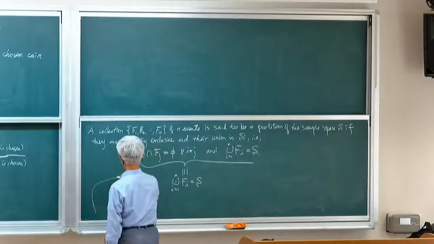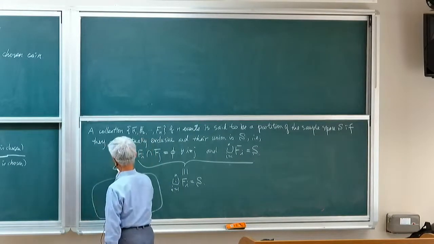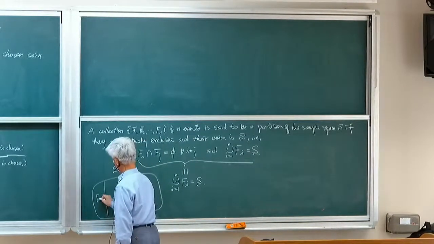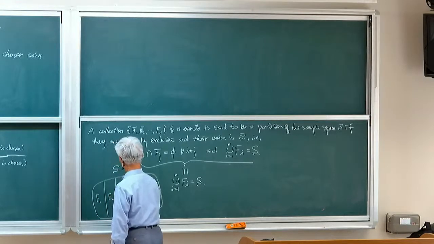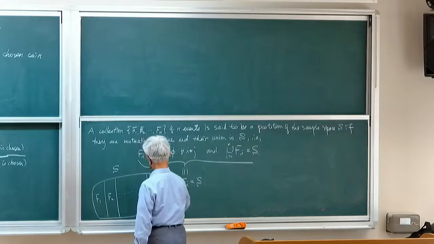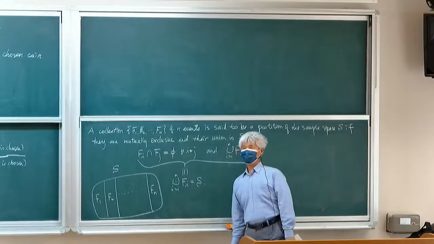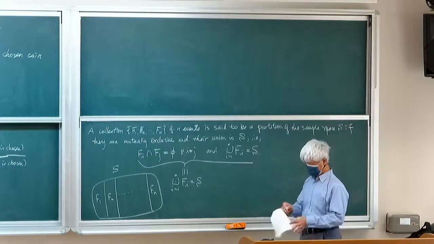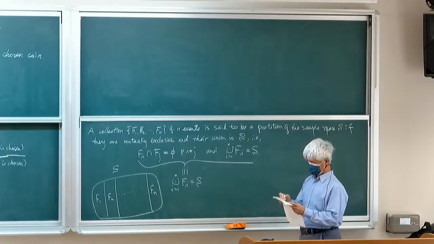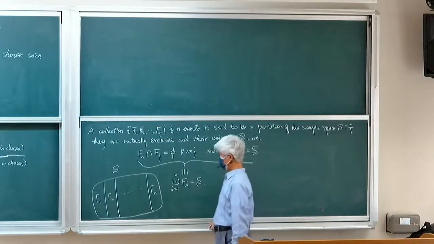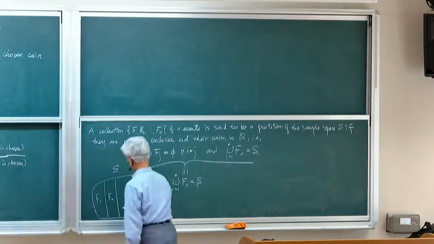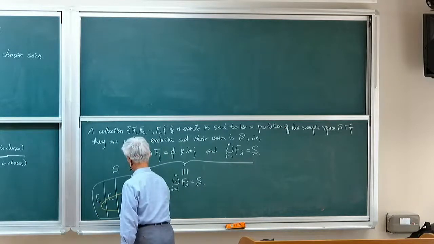So by Venn diagram, suppose this is the total event, our sample space S, and this is F1, this is F2, and the last one is Fn. Now, suppose we have an event E here.